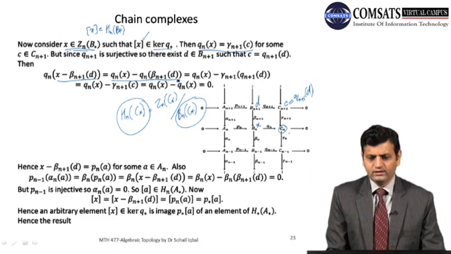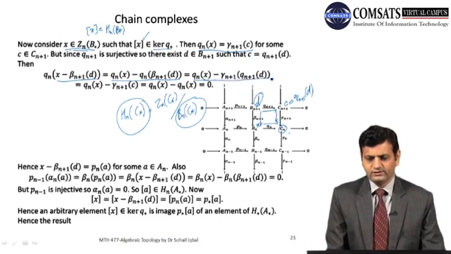Now, this is an element D of Bn plus 1. Basically we are following this route, applying beta n plus 1 and then Qn. We can also take the other route, first applying Qn plus 1 and then applying gamma n plus 1.